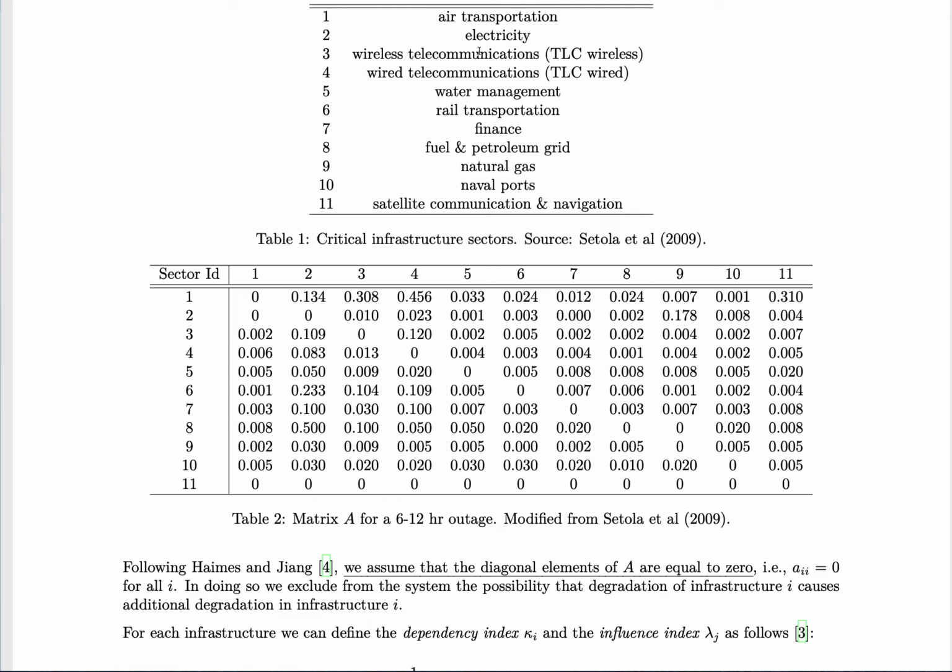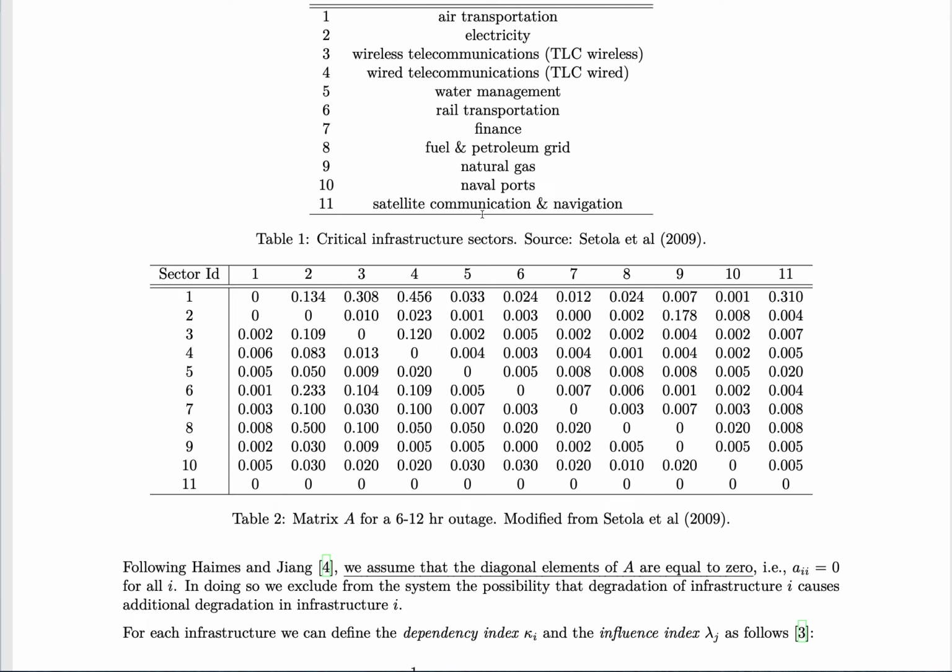Electricity on the ground does not impact them. Whether you have electricity on the ground or not, this says that you will not degrade the operation of the satellite system because of lack of power on the ground. So you can see right away the fact that there's a bunch of zeros here are telling you something about how damage on other infrastructure propagates to the i equal to 11 infrastructure here, satellite communication and navigation.